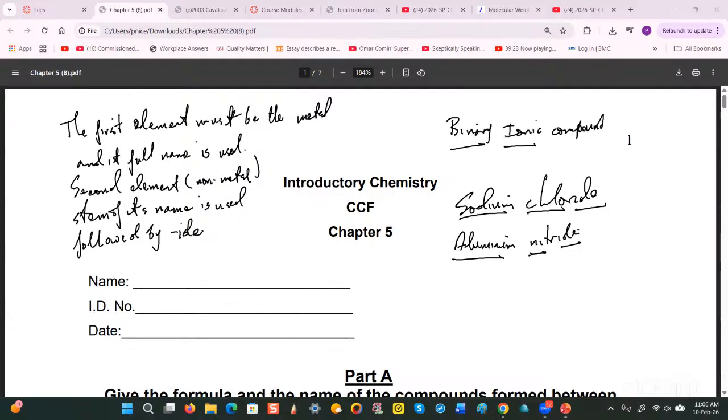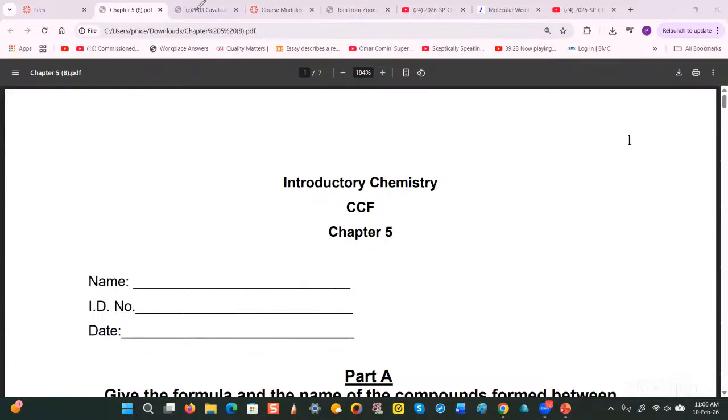Now, when it comes to writing down the formulas, what I would recommend is that you use a table that I provided for you in Canvas. So what I'm going to do is clear this here and show you what part of the table I'm referring to.